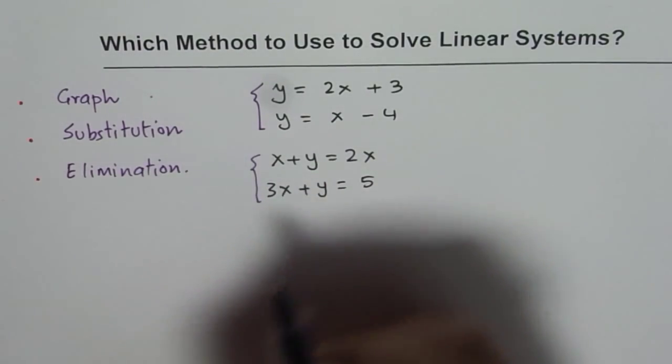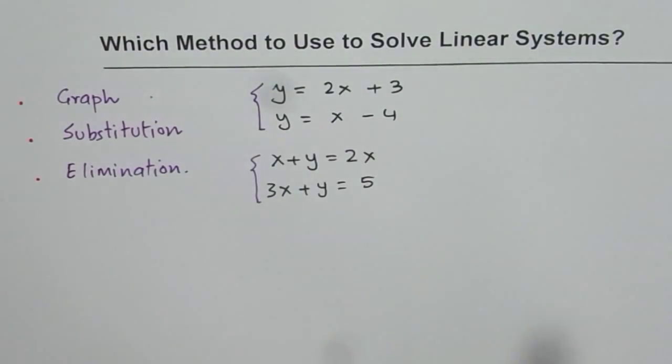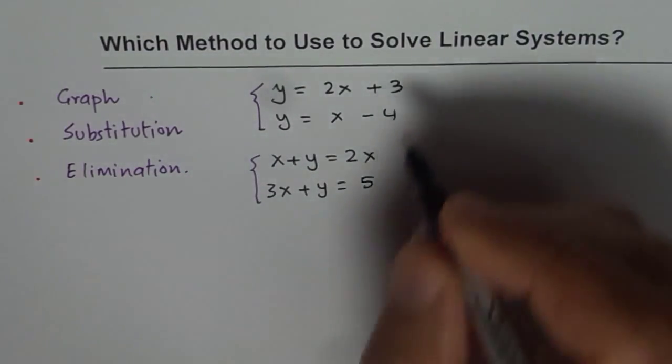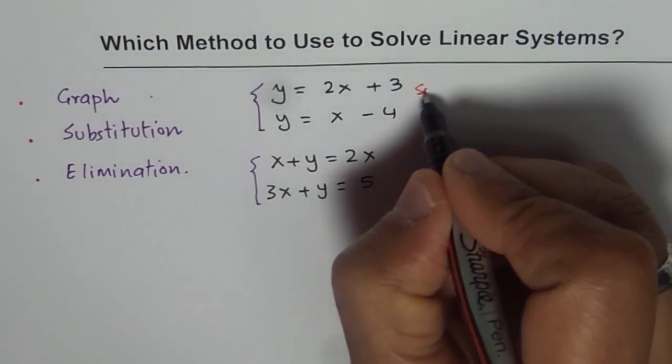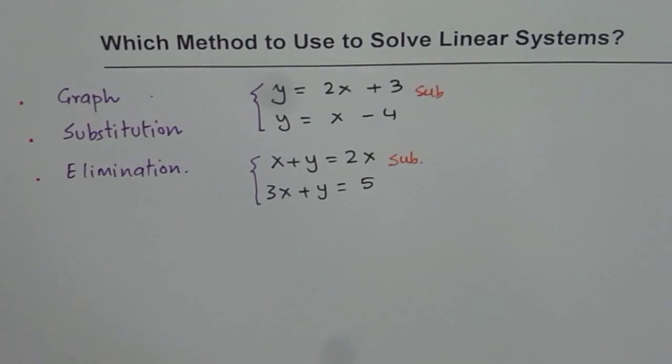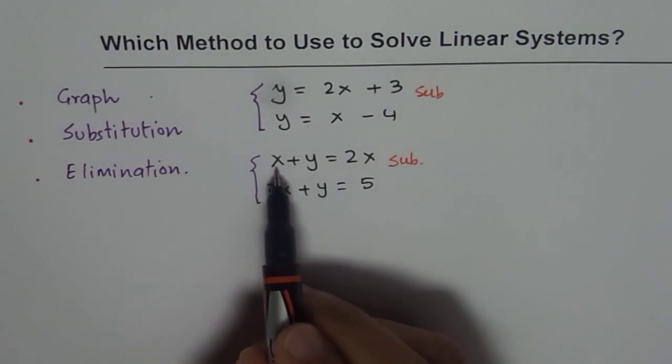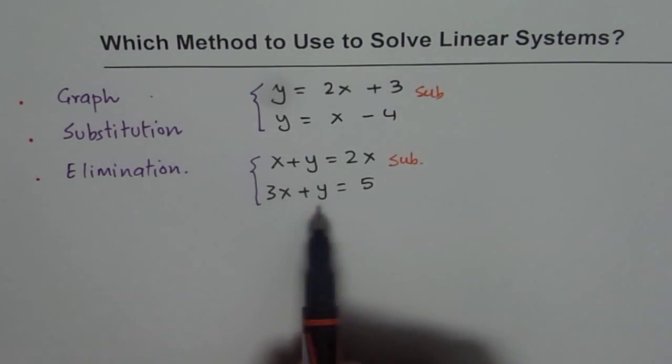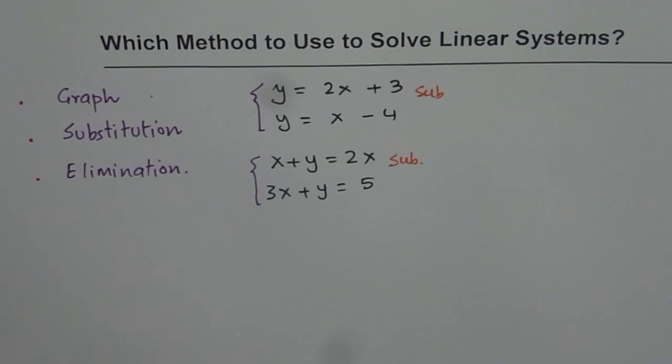So this set also we can solve by substitution, right? Substitution is possible for the second set of equations as well, since we can isolate x and then get our answer, right?